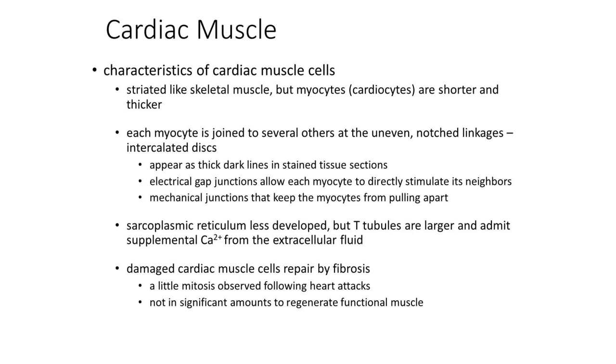Damaged cardiac muscle cells can repair by fibrosis. So we have seen some mitosis actually going on after heart attacks, meaning that the cells are regenerating. It is not in a significant amount, and it doesn't end in a functional muscle, but it has been noted.